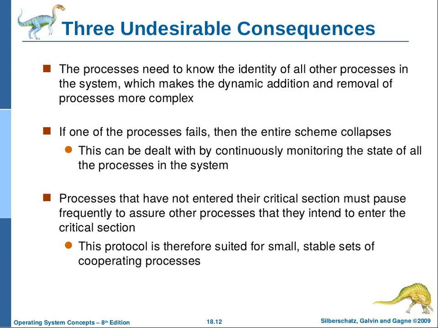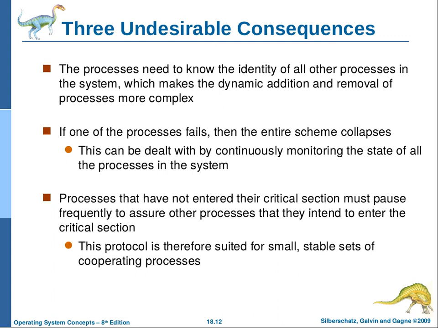All right. Let's see. A process needs to know the identity of all other processes in the system. So if you need to add a process to a distributed system, you need to notify everyone else of that process so they know to request it from every process. If one process fails, the entire scheme can technically collapse. This can be dealt with continuous monitoring of all processes on the system.